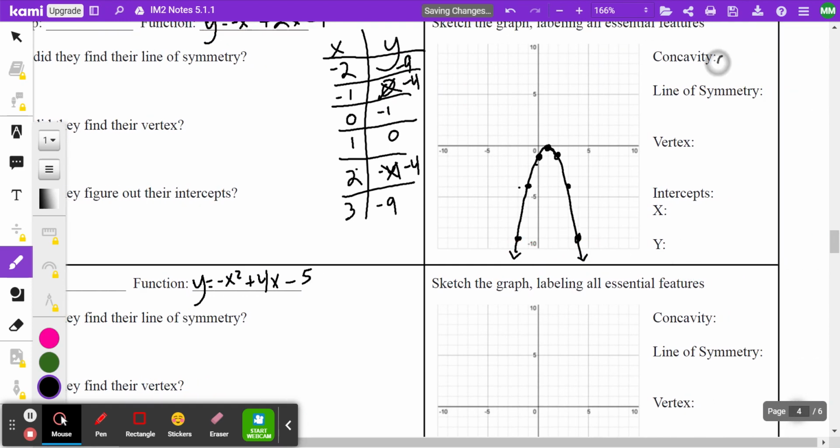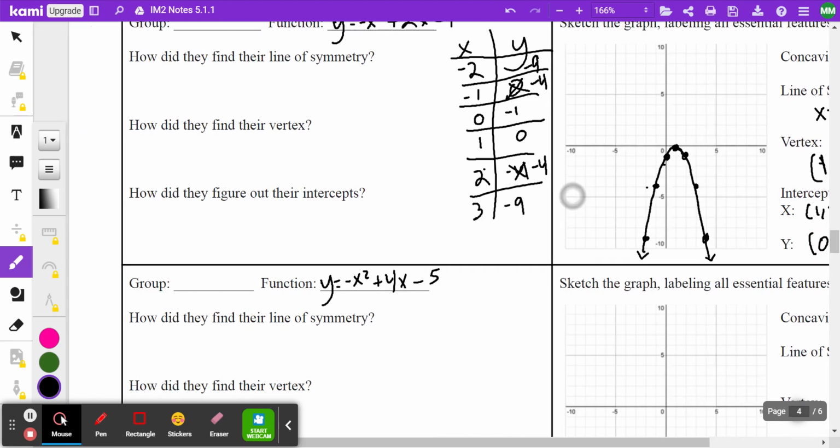This is concave down. Line of symmetry is x equals 1. Vertex is at 1, 0. X-intercept, there's only one. It's at 1, 0. Y-intercept is at 0, -1. All of these I found by visual inspection.